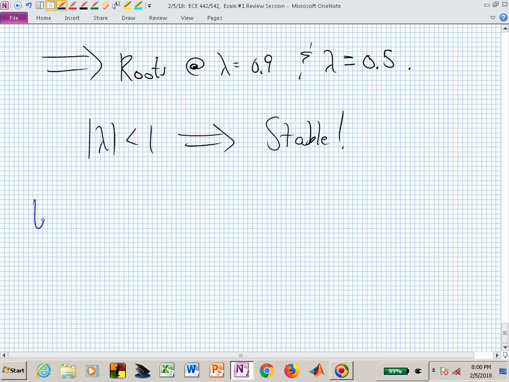Now I could ask you which root is dominant. I'll do the hard part. Lambda is equal to 0 point. Which root is dominant?